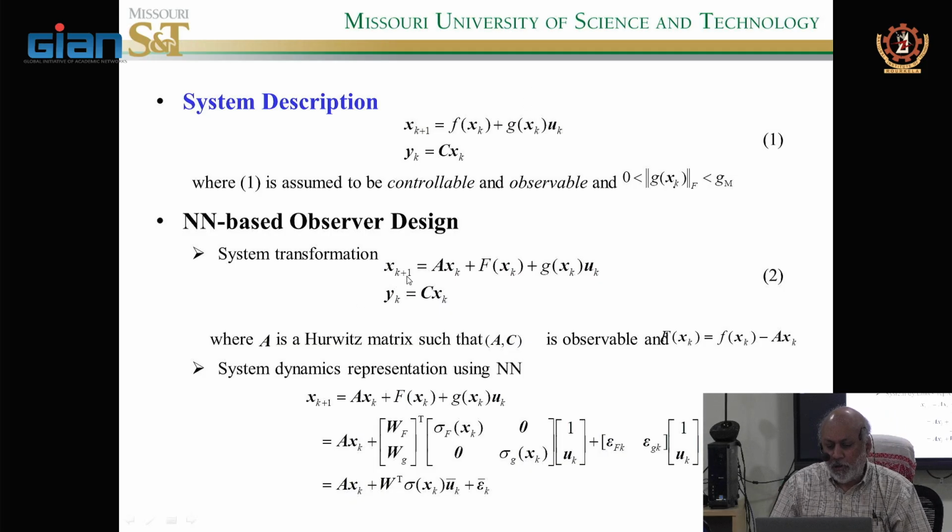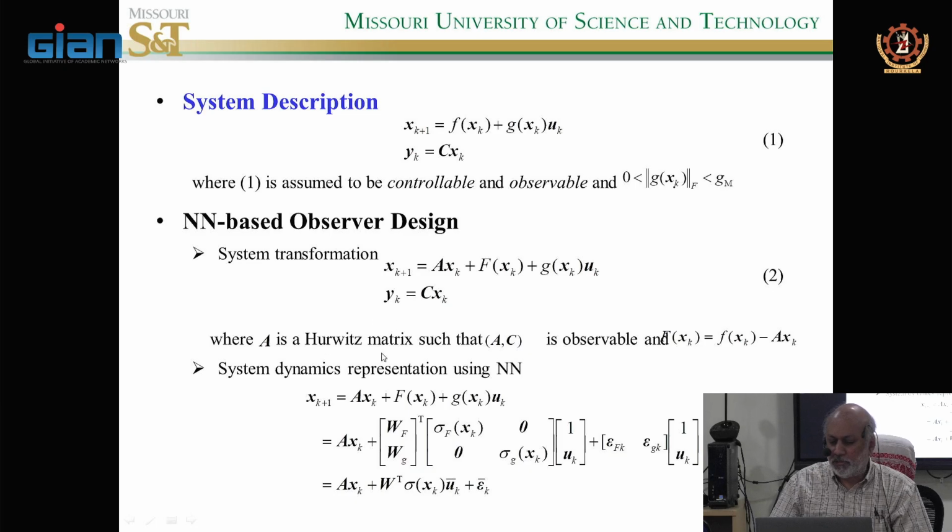So I'm going to add and subtract A times x of k. If I add and subtract, that subtracted value is combined with this nonlinear f. So f equals f of x minus A times x. So basically I'm not changing anything, right? Not changing anything.